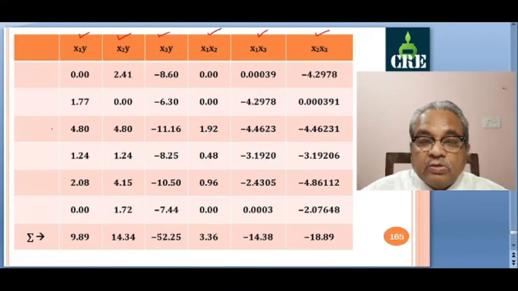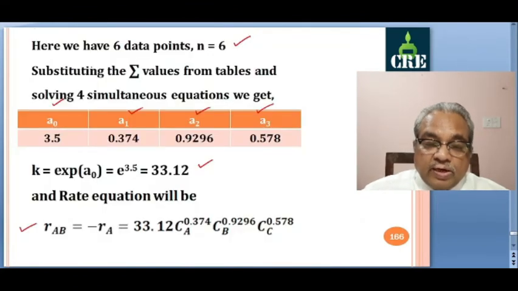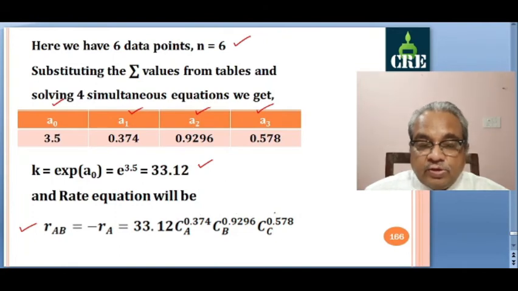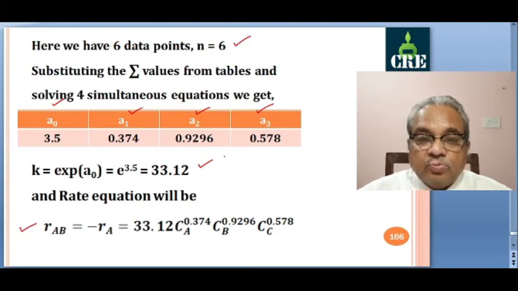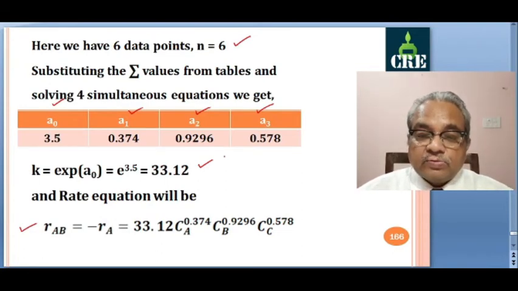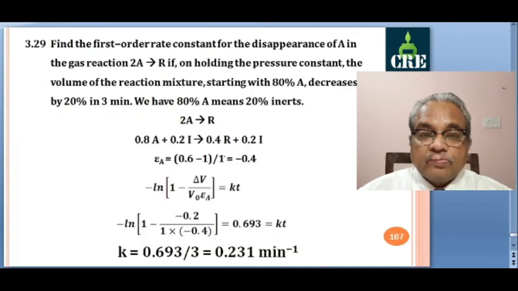Whatever rate law we have found out, after evaluating K, a, b and c, the corresponding orders of the reaction, these constants which have been evaluated by the regression from the given data are fitting very well. So this equation which we have got, you can use further for design purposes.